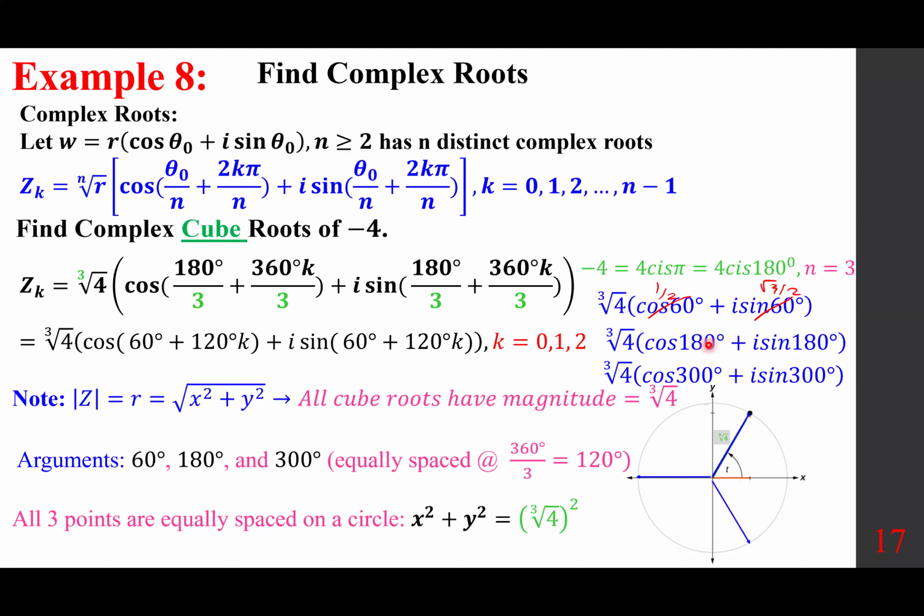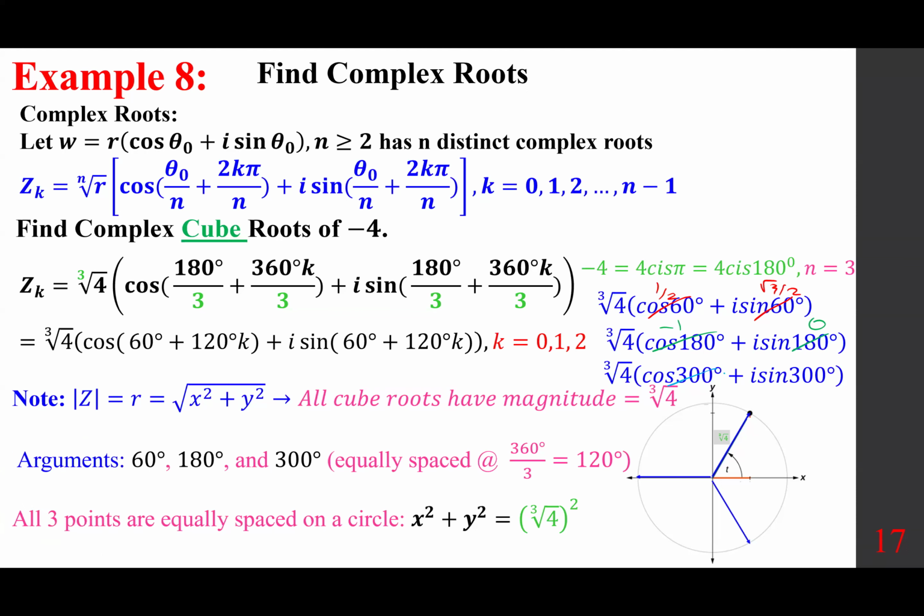At 180, this becomes 1, this becomes 0. Again, as an example, if they ask you, you replace this with -1 and this one with 0. At 300 degrees, the reference arc is 60 degrees, which means the same answer as 60 degrees, but depends on what you're dealing with.